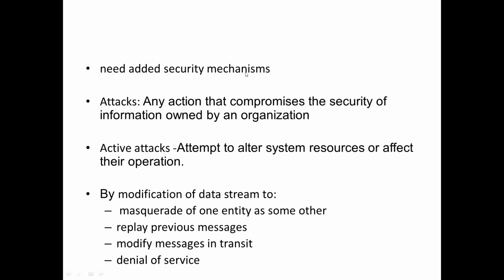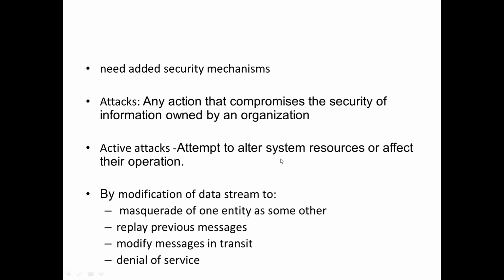Before seeing the security mechanisms, let us look at what we mean by an attack. An attack is any action that compromises the security of information owned by an organization. We know attacks can be broadly classified into two types, namely active attacks and passive attacks. What do we mean by an active attack?